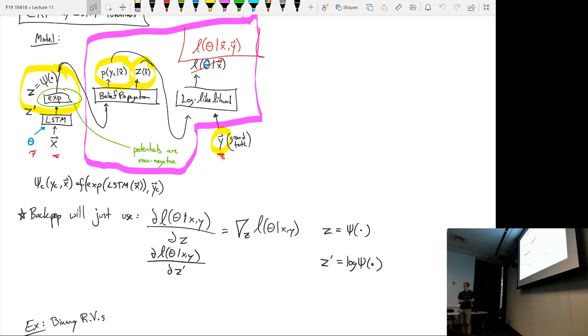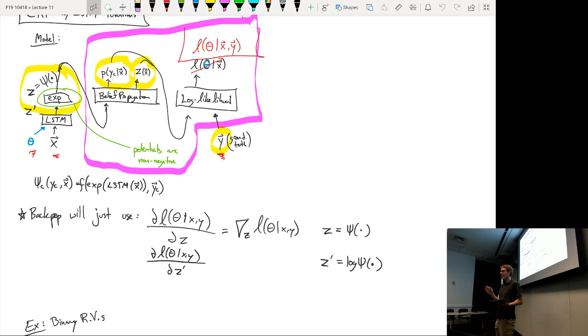Does that make more sense? It does. But just to understand, Z is a probability distribution over Y's given the X? No. The probability distribution over the y's given the x is represented by these marginal probabilities that are the output of belief propagation.